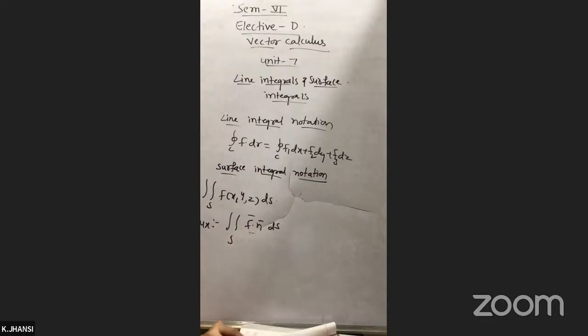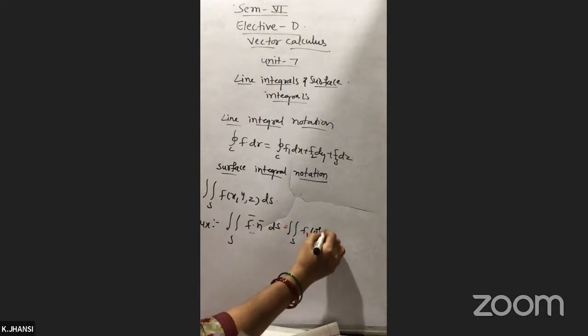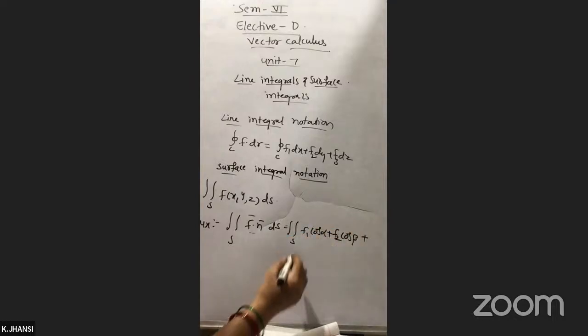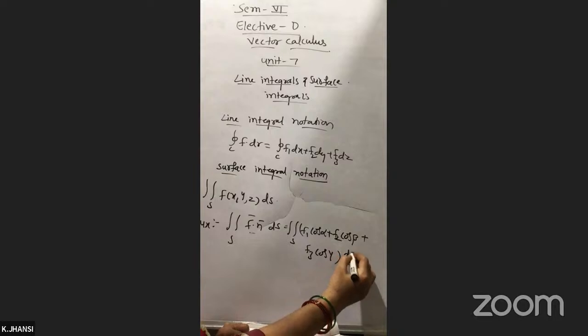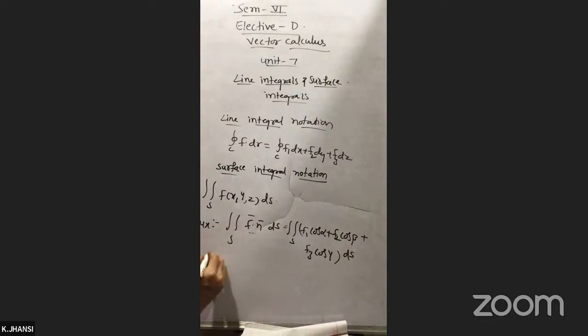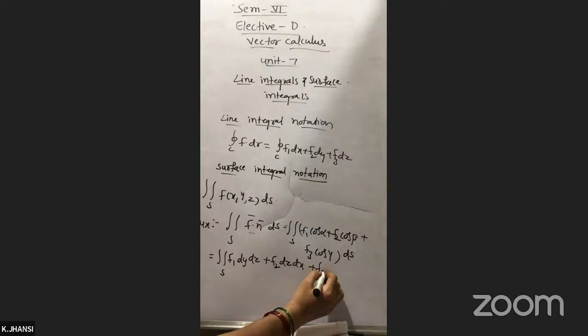We can write this as the double integration over S of (f1 cos alpha plus f2 cos beta plus f3 cos gamma) dS, which equals the double integration over S of f1 dy dz plus f2 dz dx plus f3 dx dy.